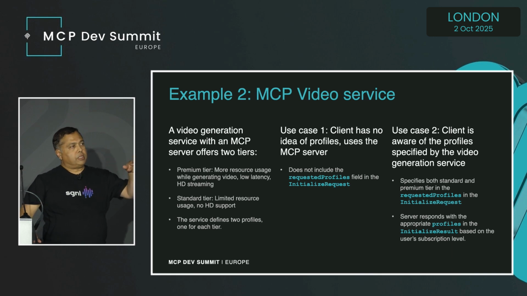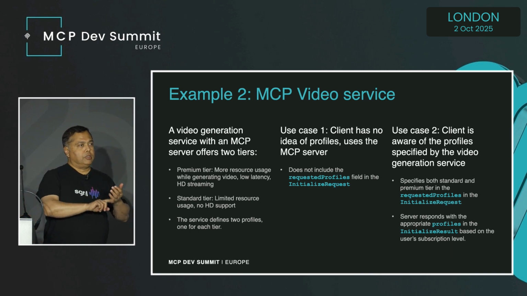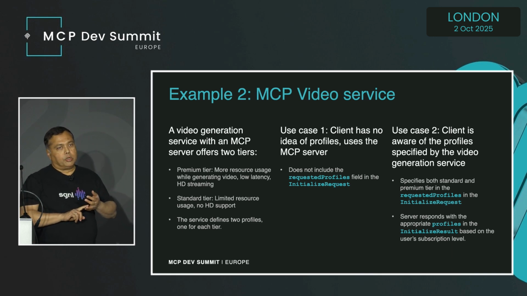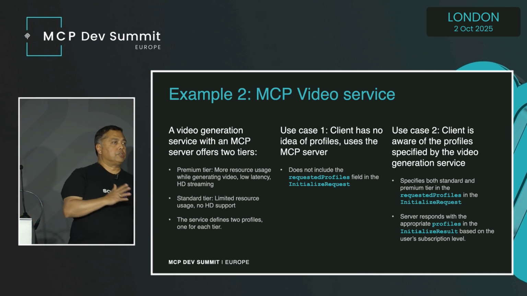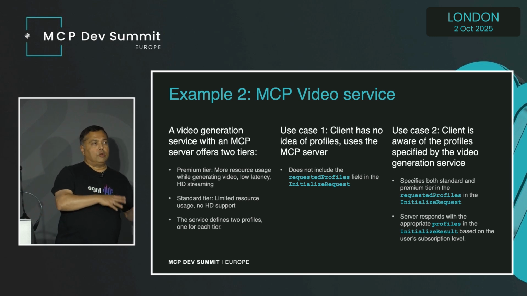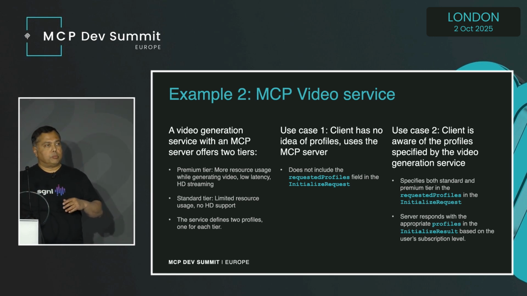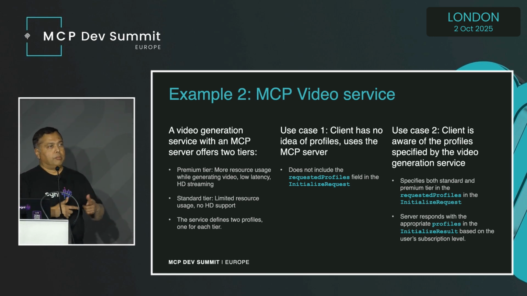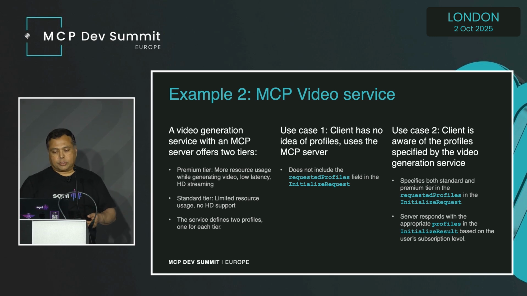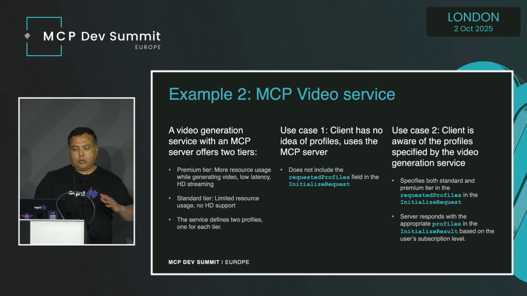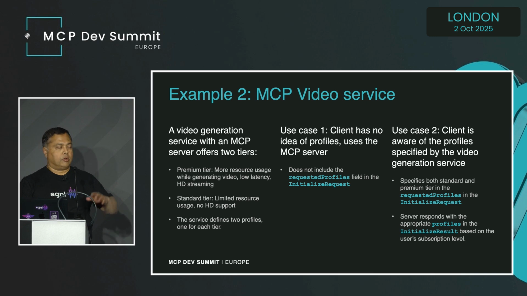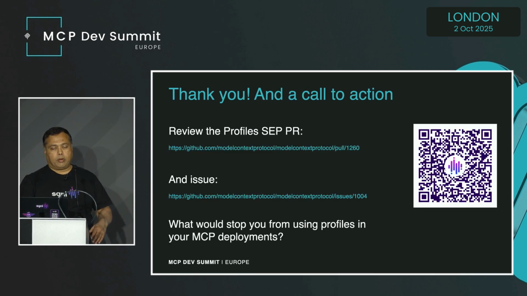So the requested profiles may say, I want to use either the standard tier or the premium tier, but the response will only contain the standard tier, so that the LLM will know that the user cannot use the premium tier, and as a result, it'll be able to adjust its use of the service. So this is how you can address the consumer use case in this case, right?